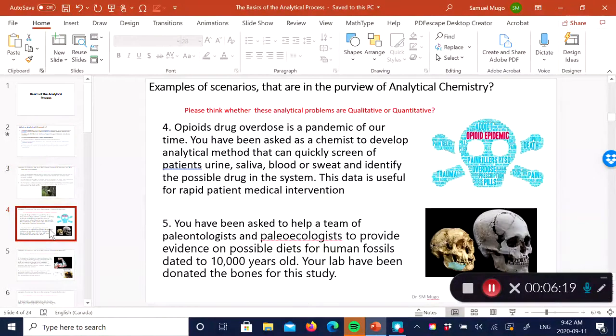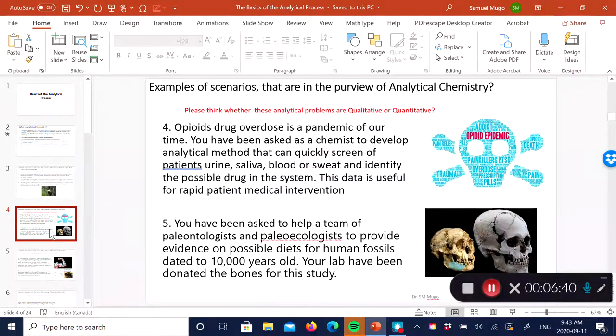Another example, and I'm hoping with all these different examples, you find your area of interest. Opioid drug overdose is a pandemic in our time, here in Edmonton, in Vancouver, across the globe. Opioid use is a big problem.